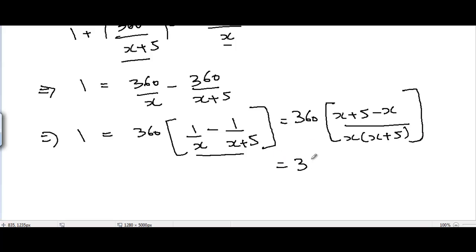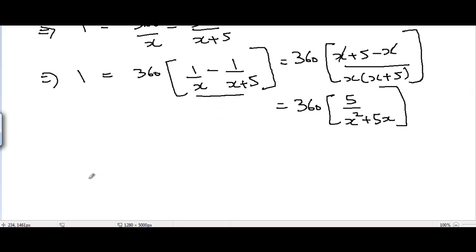This x and x get cancelled. 5 divided by x times x, which is x square, and x times 5 is 5x. So I have 1 equal to 360 times 5 divided by x square plus 5x.